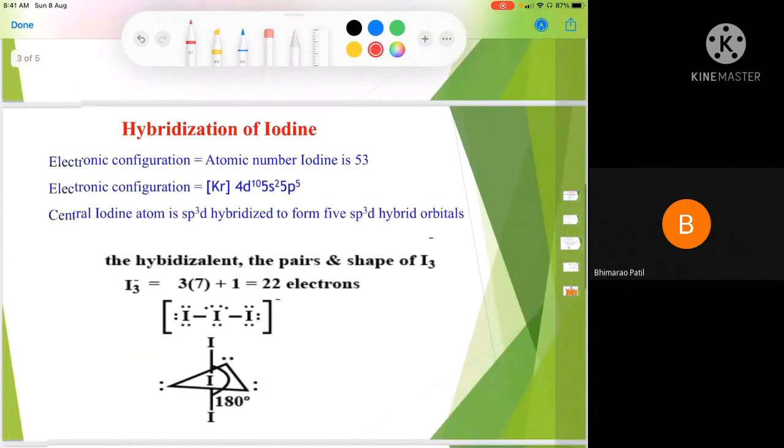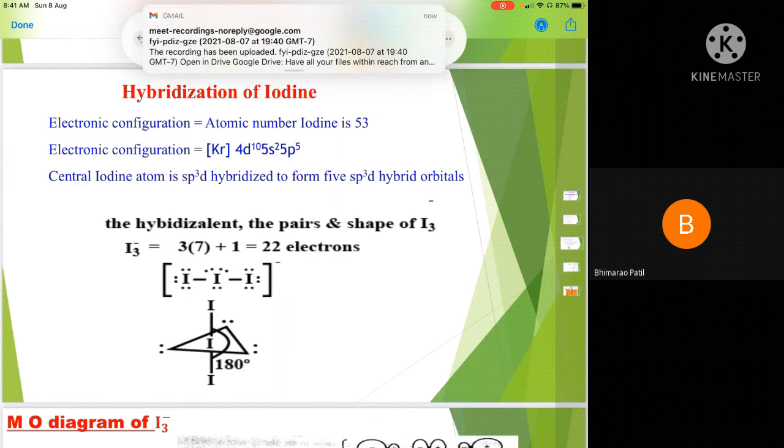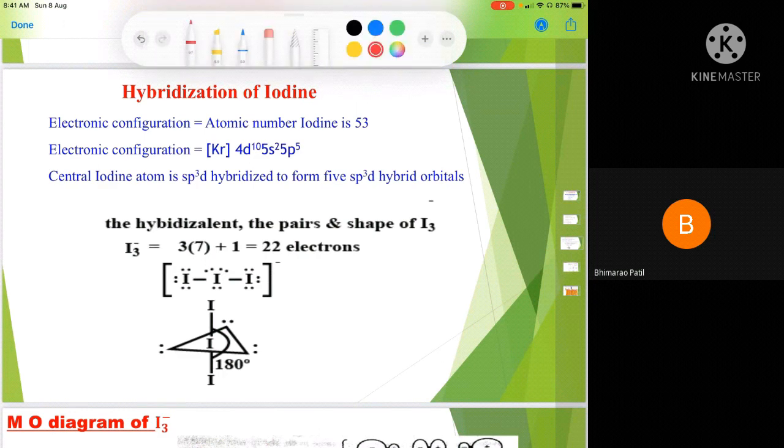Then let's go to the hybridization of iodine. The electronic configuration of iodine is krypton 4d10 5s2 5p5. How many electrons are present in the valence shell? That is equal to 7.